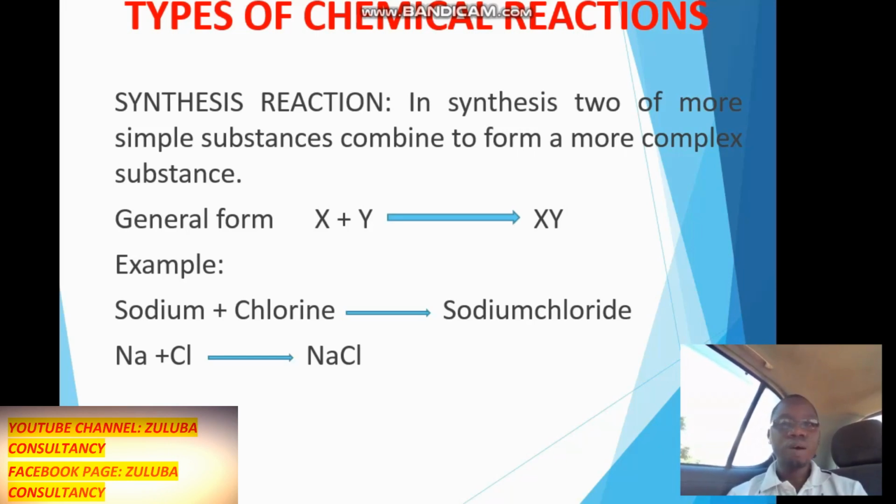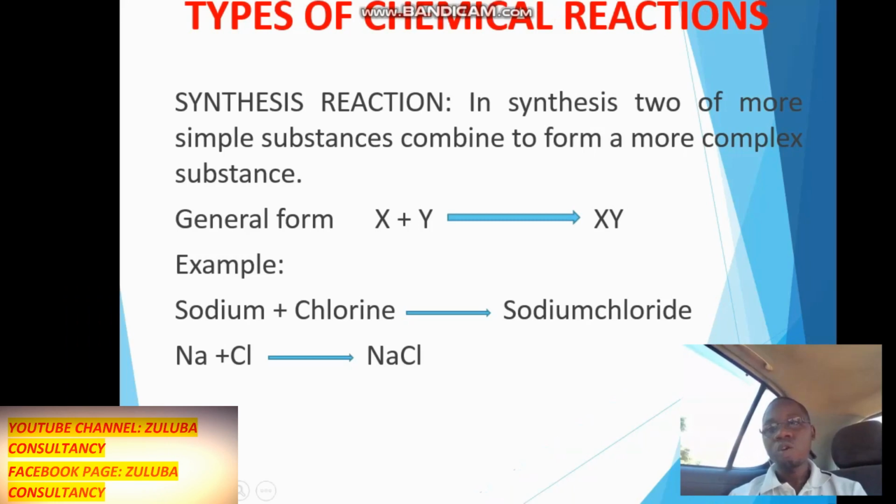We have an example: sodium is reacting with chlorine to produce sodium chloride. So if you see this kind of reaction, remember it is a synthesis reaction. Two or more substances are combining to form a complex substance.